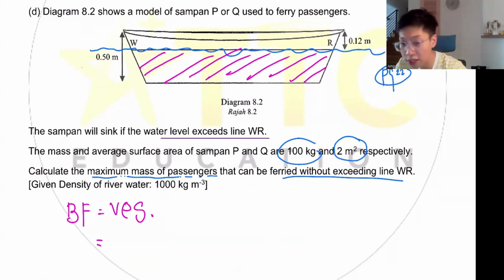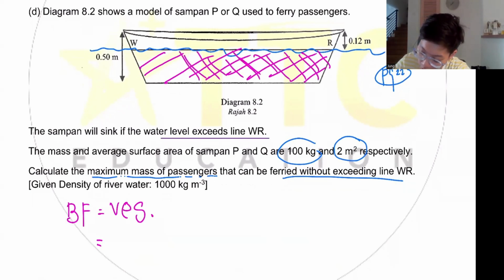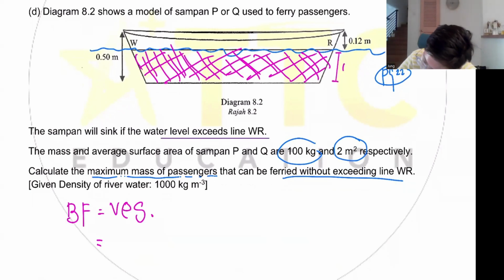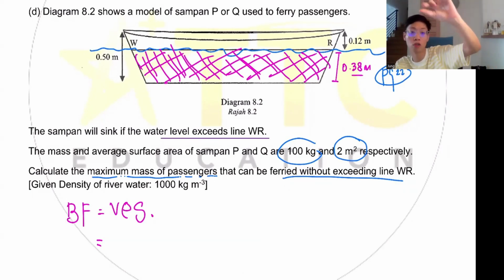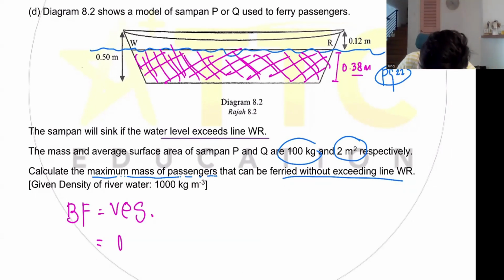Now, I've got the height here. The height here is actually 0.38 meter, right? Because there's the depth 0.12 on top, so the water is 0.38, right? So the volume here is 0.38 multiplied by the 2. Why? Because your volume is equal to area times height, right?